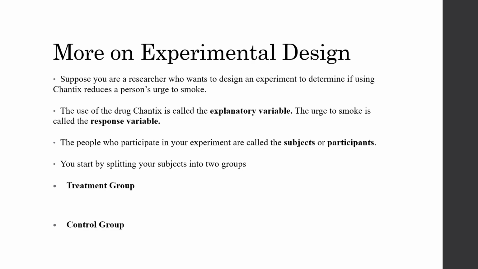All right, so more on experimental design. These are two variables that people often struggle with remembering which is which. Your book calls them the response variable and the explanatory variable. Some books will call them the independent and dependent variables.